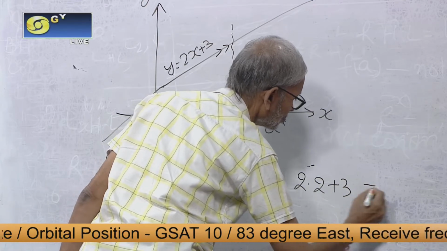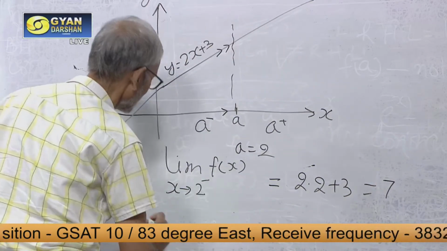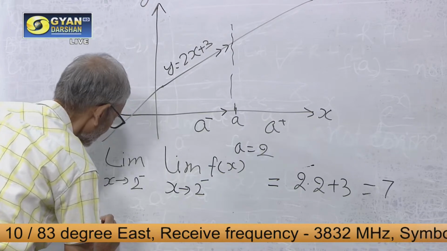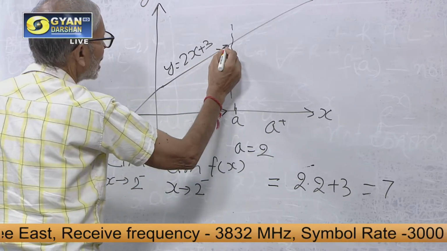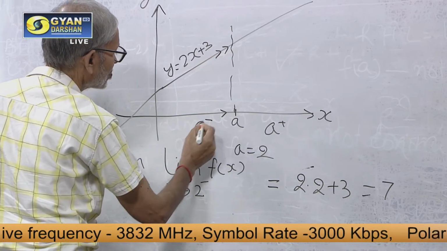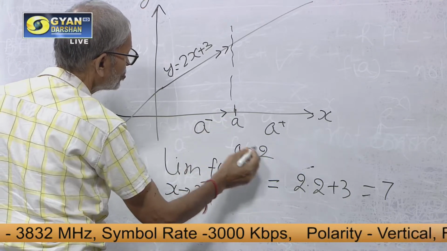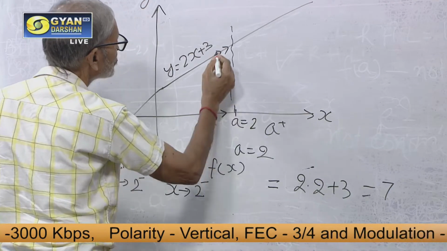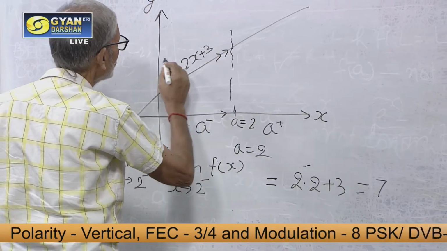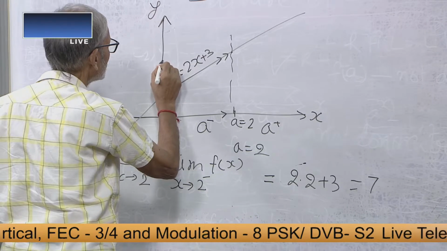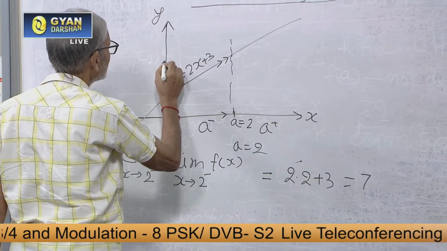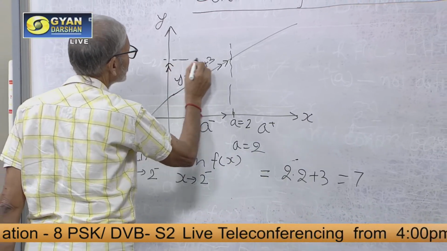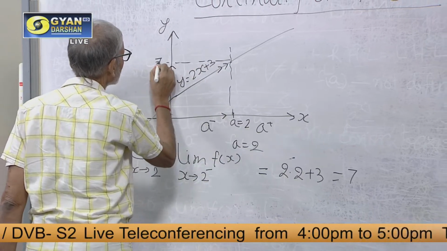So, it will be equal to 7, because as we approach from the left side, as we approach towards a is equal to 2, this value will approach 7.